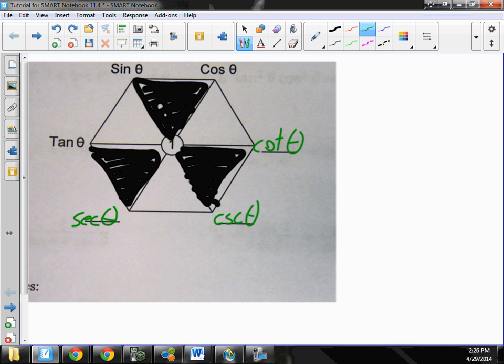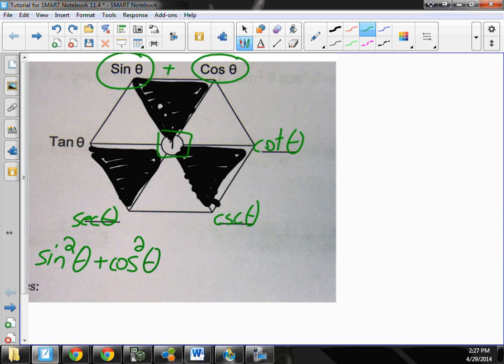So you look at any shaded square, the square of the left top corner plus the square of the right top corner is equal to the bottom corner. So sine squared of theta plus cosine squared of theta equals 1.